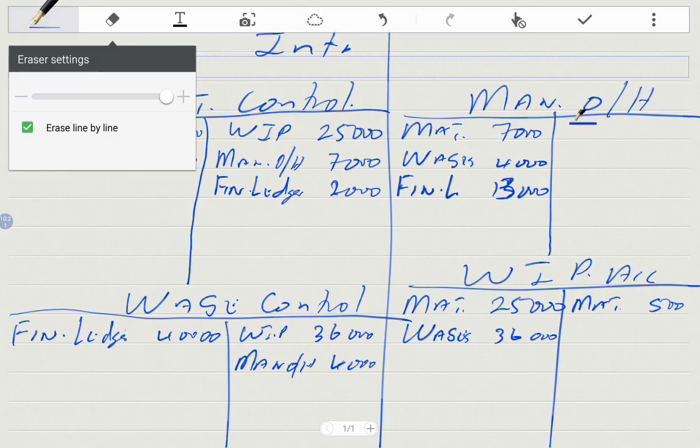So we come here and say in our work in process account, this 28,000, the absorbed amount. Then your manufacturing overheads, 28,000. That's how you are going to do your recording on that account.